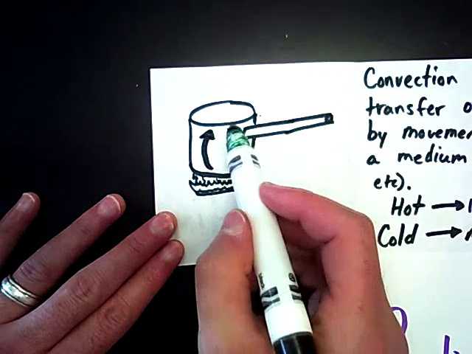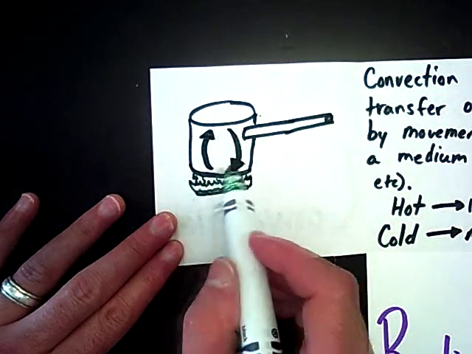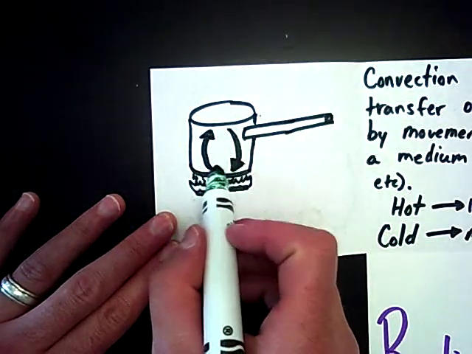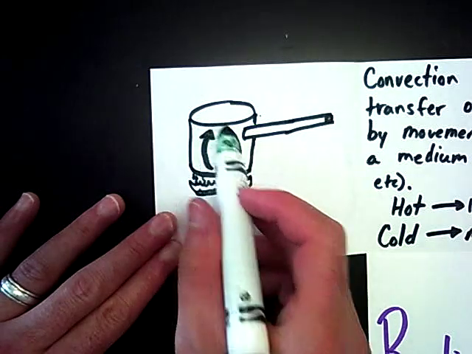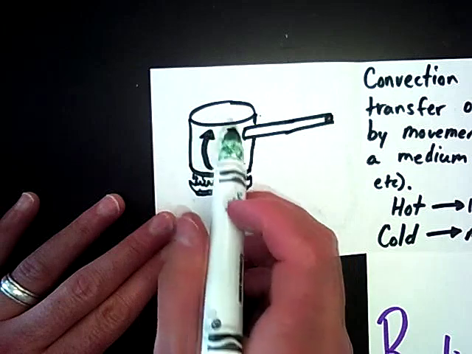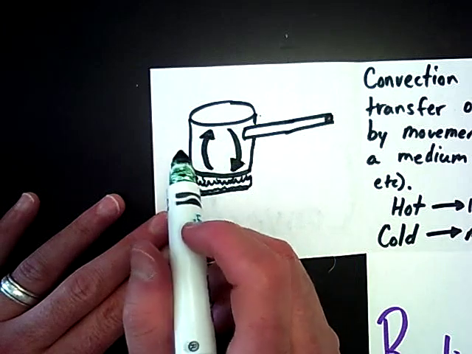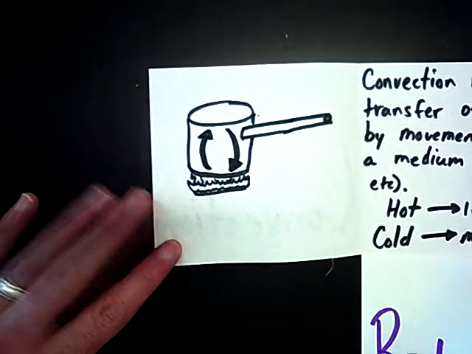And then it becomes a cycle, because now this cooler water is near the bottom, which is near the heat, and that will cause it to become hotter and rise up, and then it'll push that water down, and this will continue to circulate up and down like this. So that's how convection works right there.